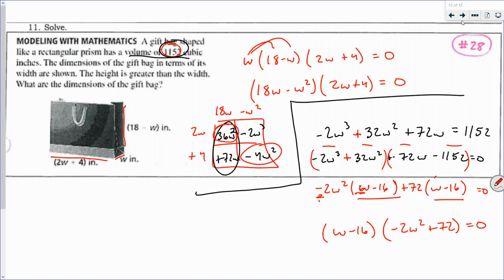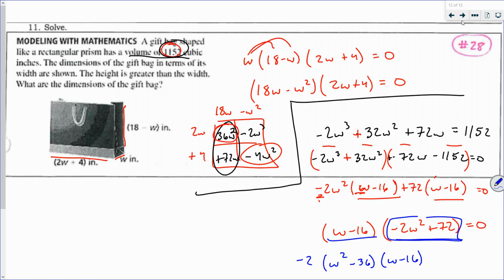Interestingly enough, without fully backtracking, notice that in this parentheses both of these are even. So if I divide a negative 2 out of there and pull a negative 2 all the way out front, then this parentheses becomes w squared minus 36, I think. And then we still have the w minus 16 right here.